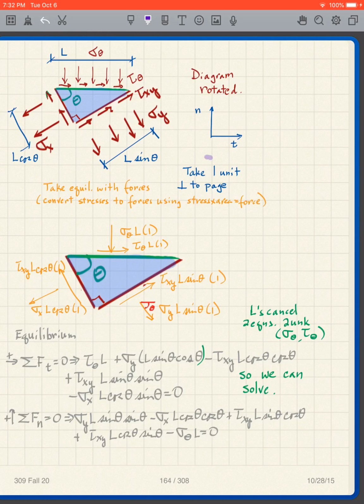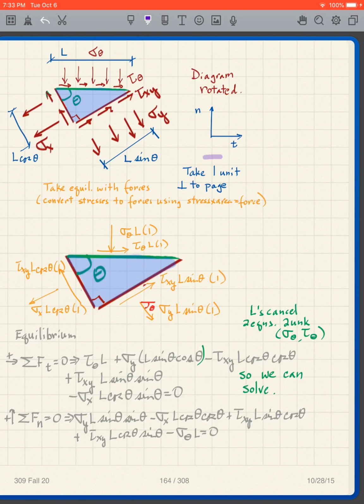What I'm going to do is I'm going to take one unit perpendicular to the page here, to the screen or whatever you're looking at, and I'm going to take equilibrium with forces. Now again, we always do equilibrium with forces and not stresses, and I have to convert stresses to the forces using stress times area equals force. So the stresses are constant, so I can use stress times area equals force.